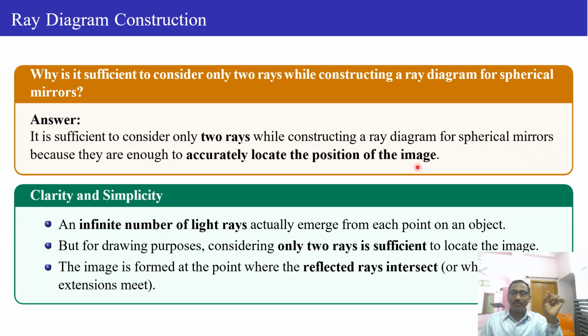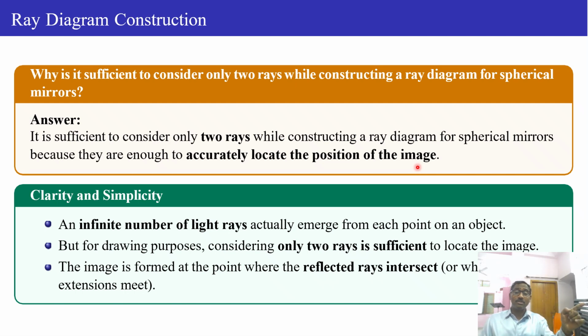Here two rays we will consider. One is the parallel ray, and another one is the ray which is passing through the focus of the mirror. Otherwise the ray which is passing through the center of curvature of the mirror.